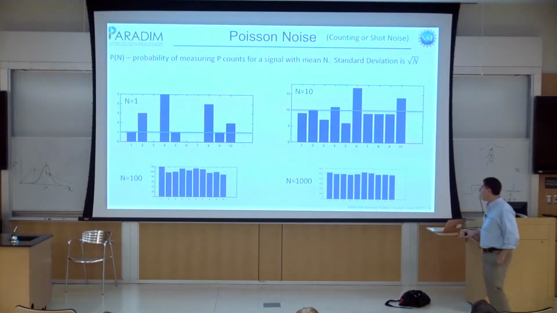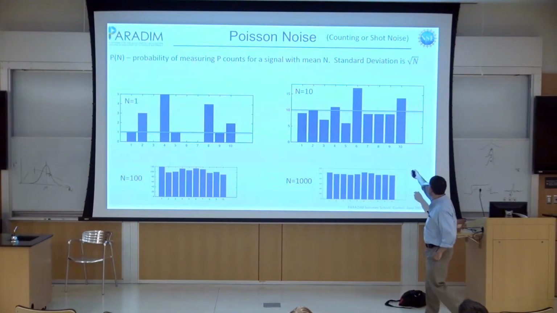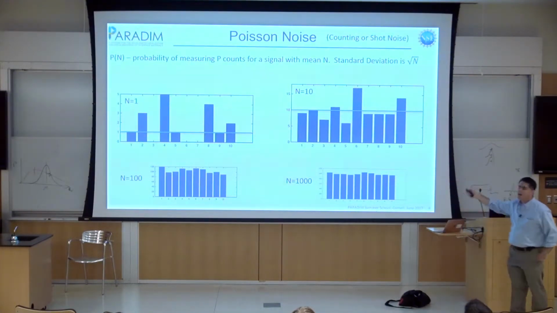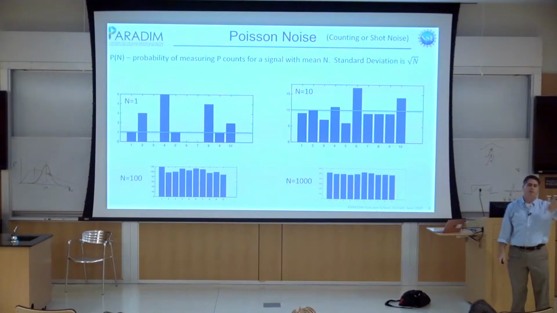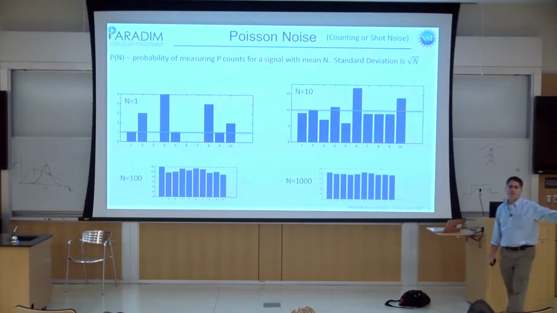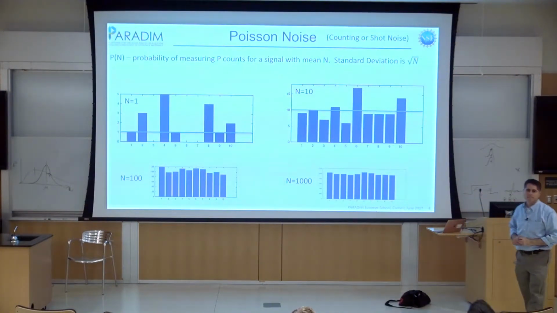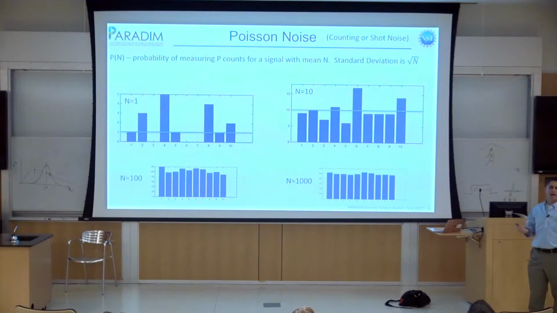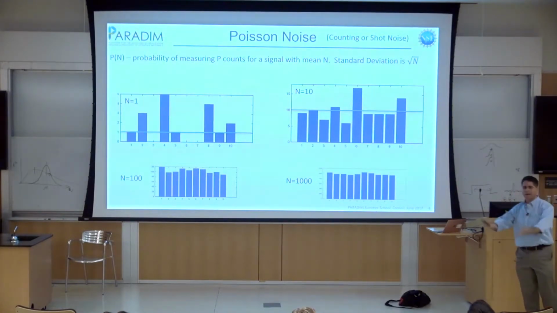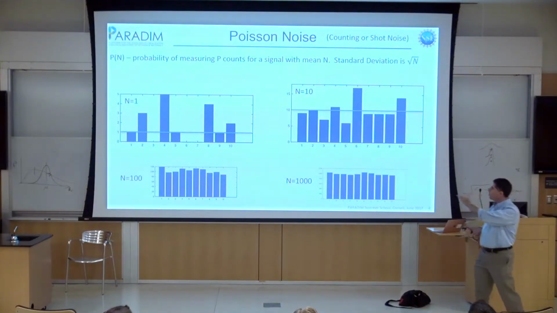So the problem is that the noise scales like square root of n. If I want to improve my noise by a factor of 10, I've got to collect 100 times more data. That's hard. So at some point, you just need a better electron microscope with more electrons in it, because you can't get around this Poisson noise.